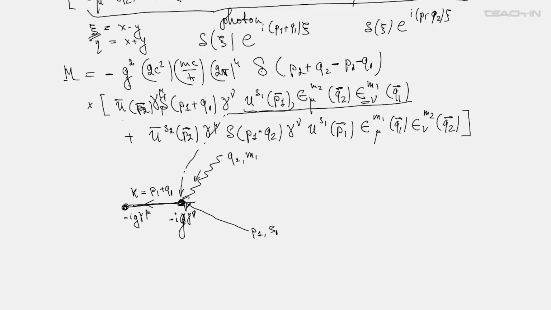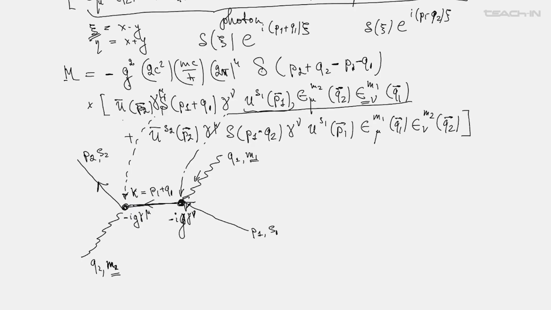And then out of this vertex, you see the electron coming out with momentum P2 and polarization S2, and the photon with momentum Q2 and polarization M2. M here is an index, so this is polarization; please don't confuse this with a mass. This is not a mass of a photon, but the polarization index M1 and M2.